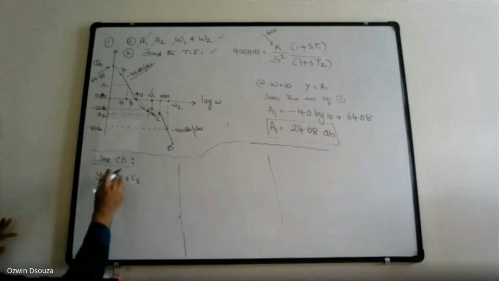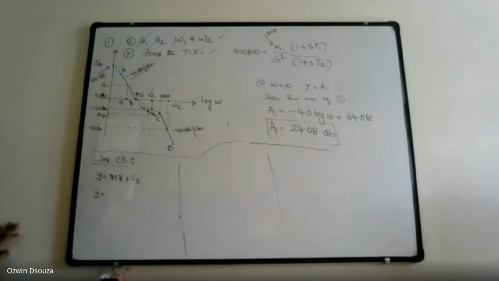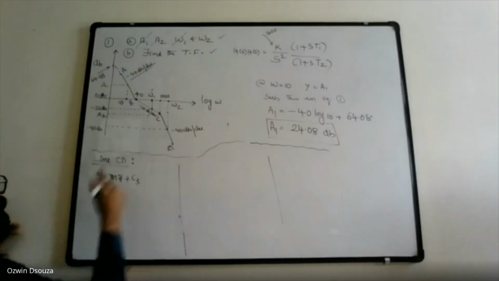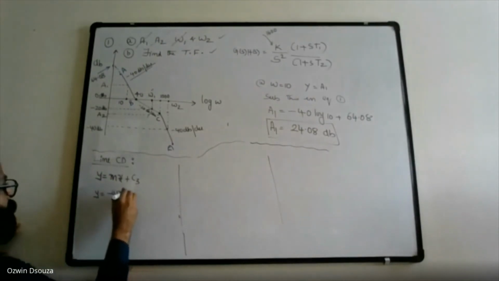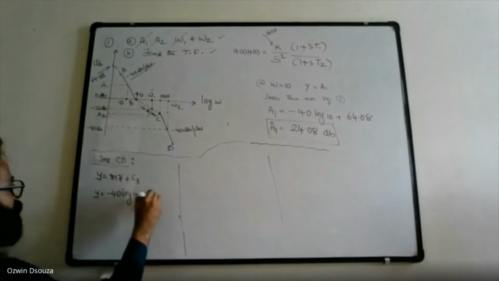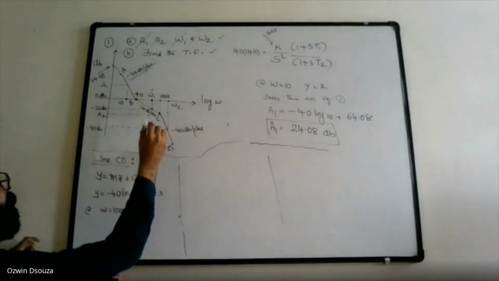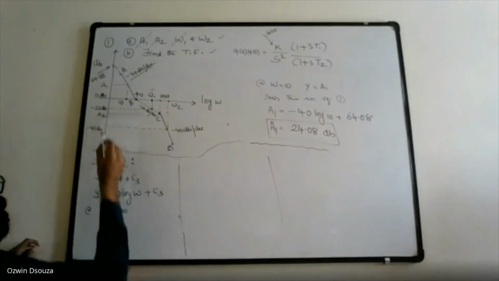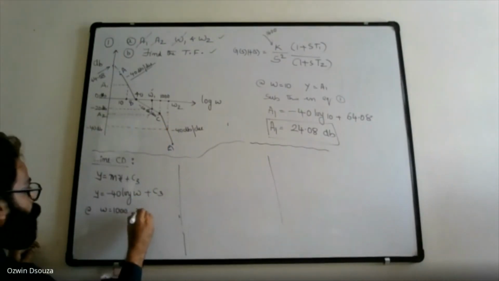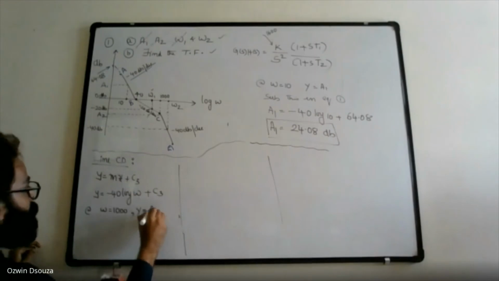So y is equal to, what is m for line CD? Minus 40. X is log omega plus C3. All right, so let us try to find out what is the value of C3. So you can say at omega equal to 1000, y is equal to A2.